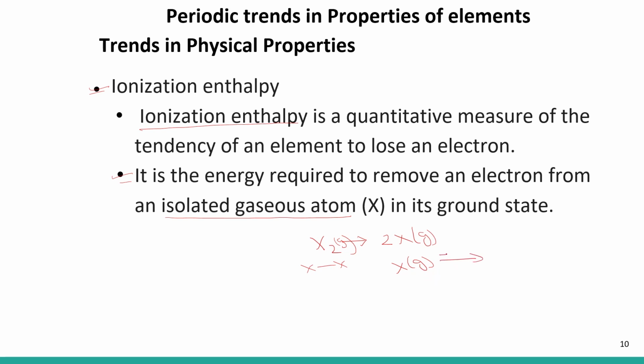Then we will remove one electron from here, and we get a positively charged species. The energy required to convert this isolated gaseous X atom to the isolated gaseous X plus ion is called ionization enthalpy. Some energy must be spent here, so I am representing it as plus delta H.